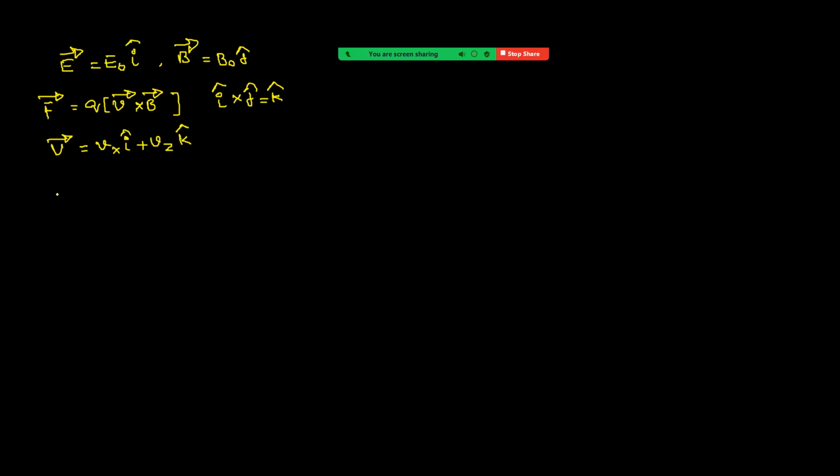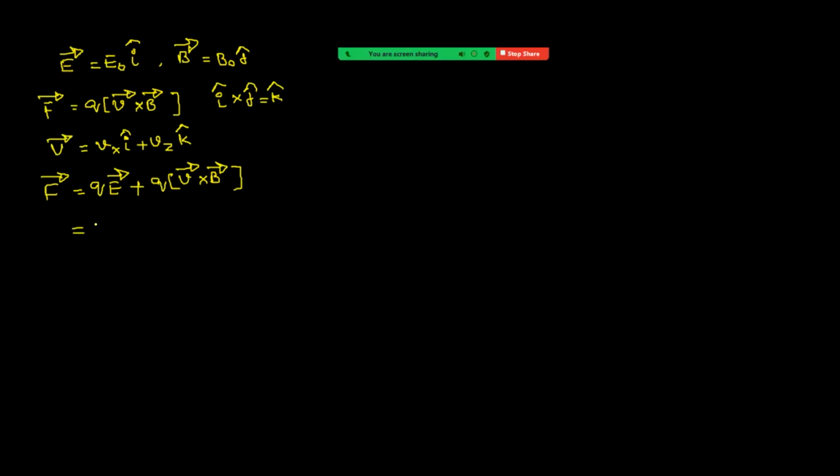Now focus on the force acting on the particle. F bar equals Q into E bar because of the electric field, plus Q into V bar cross B bar because of the magnetic field.